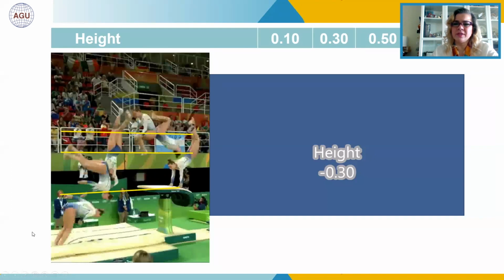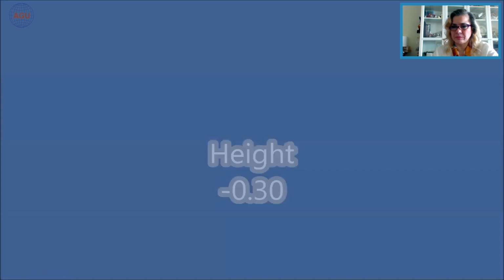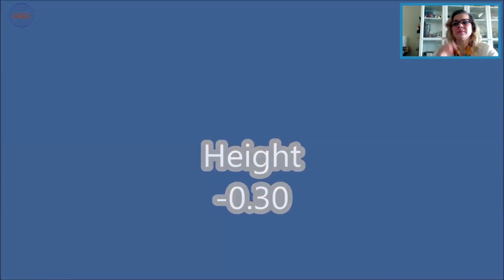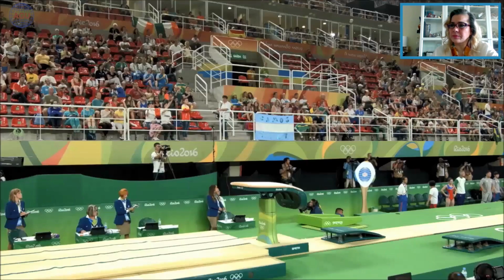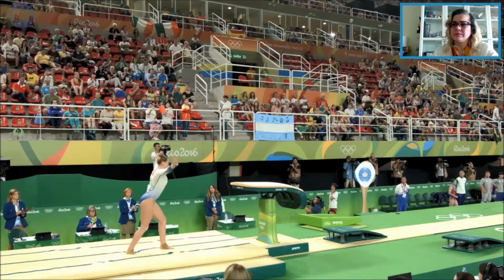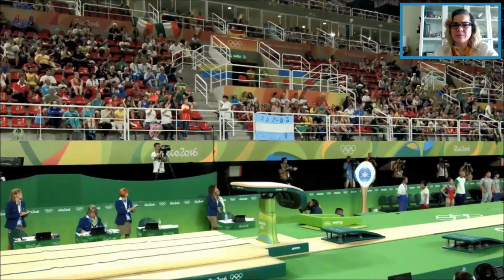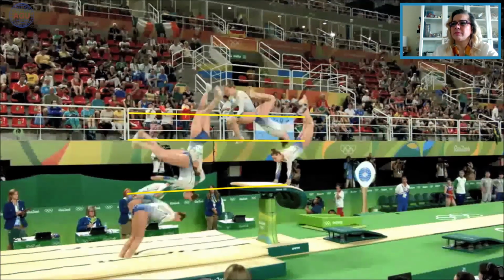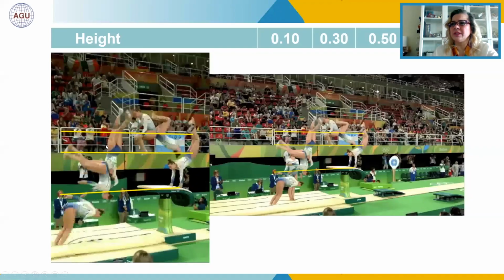And let's see another example for 0.3 deduction for the height. So see here, she's getting even lower, down toward the hip level of the gymnast.